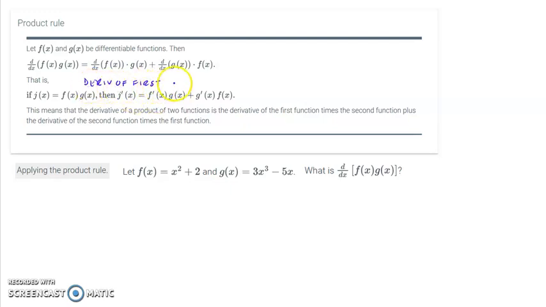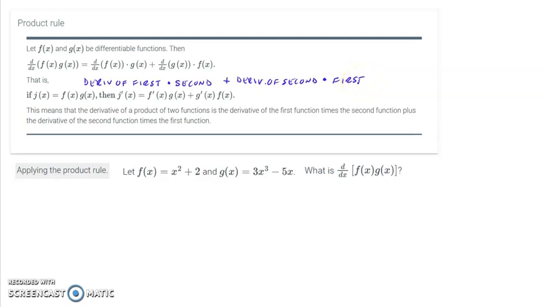So that derivative of the first function times the second function plus we'll do the derivative of the second function, which in this case is g of x. And then we're going to go ahead and multiply that by the first function.